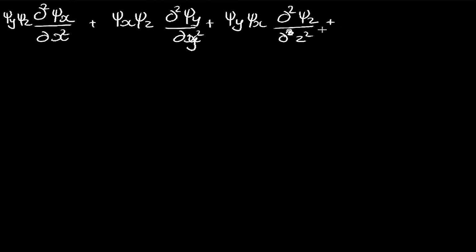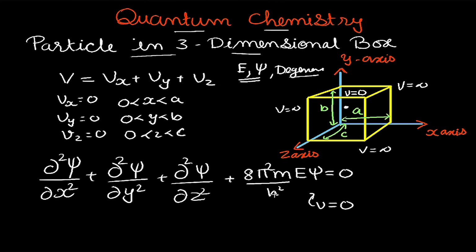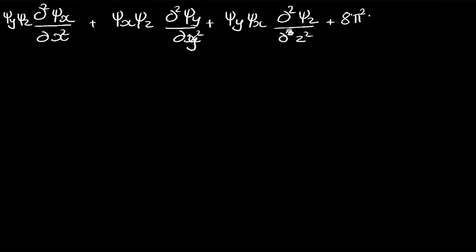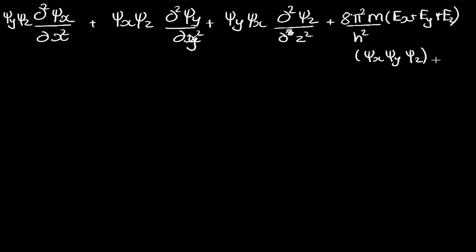So we will be substituting those, and hence we will have dz square plus 8 pi square m by h square into E psi. E I could write as ex plus ey plus ez, and psi again I could write as psi of x, psi of y and psi of z, and that is equal to 0.